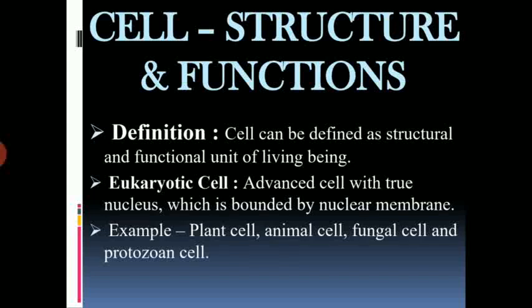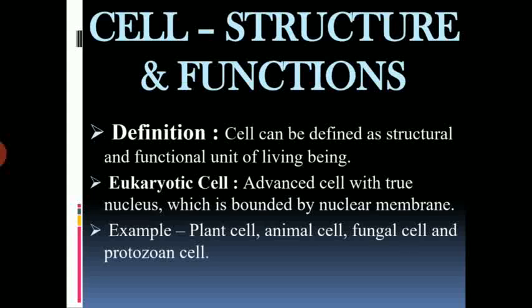Now there are two types of cells basically. One is called prokaryotic cell, another is called eukaryotic cell. Prokaryotic cells are primitive cells where genetic material DNA is not bounded by a nuclear membrane. So a true nucleus is absent. For example, in case of bacteria.